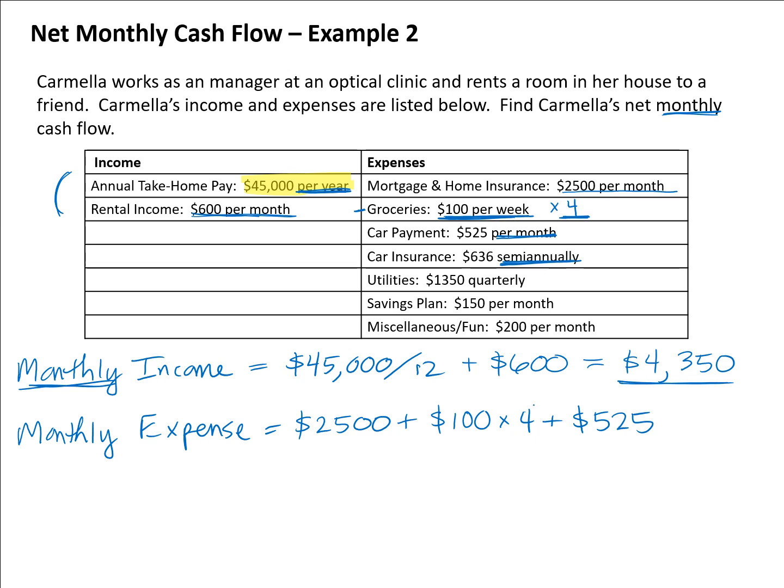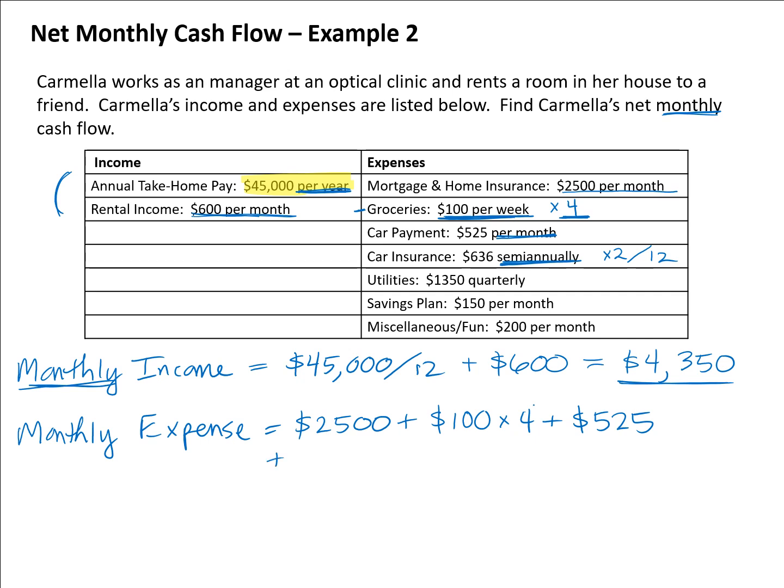We want to convert that back to a monthly amount, so you can multiply by 2 and then divide by 12. Another alternative way to think about this is that semi-annually really encompasses 6 months, so the other thing you could do is divide this by 6. So there are 2 ways to calculate this. Either go to the year by multiplying by 2 and then dividing by 12 to get back to a monthly amount, or simply divide by 6. Either one will get you the same amount.